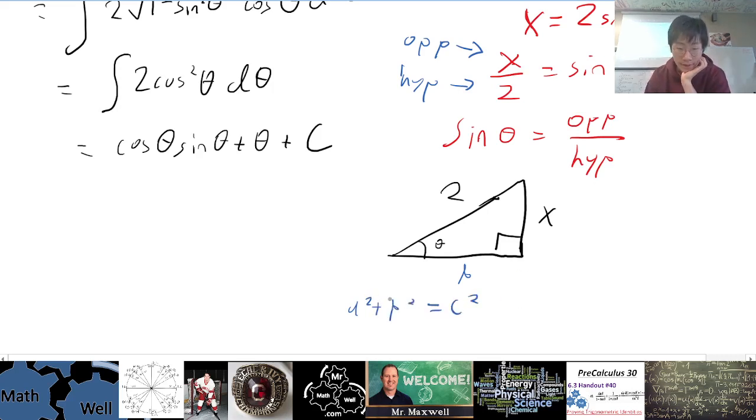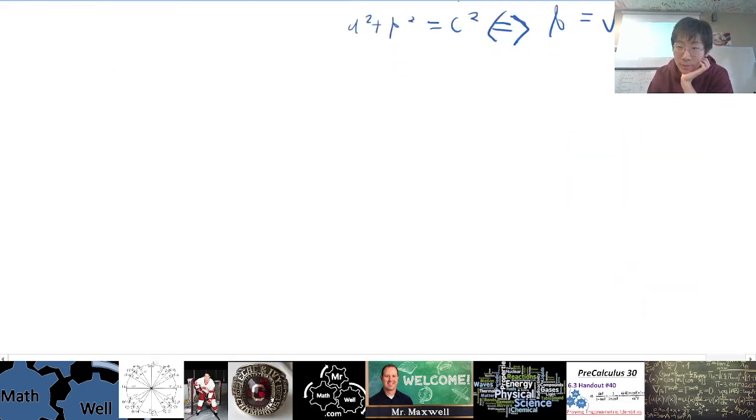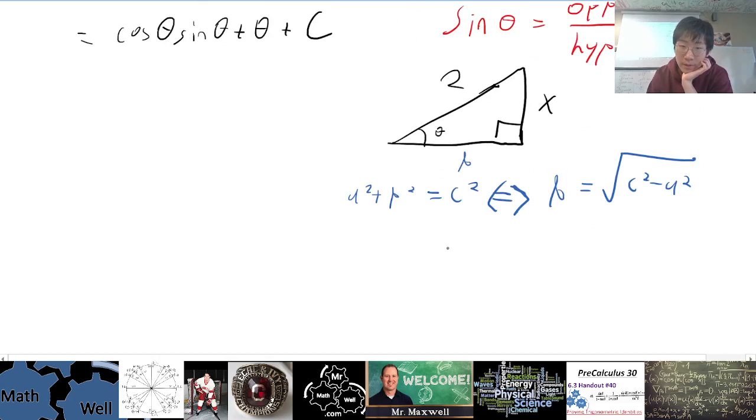If we rewrite that, we get that b equals the square root of c squared minus a squared, or in this case, b is going to equal root 4 minus x squared.